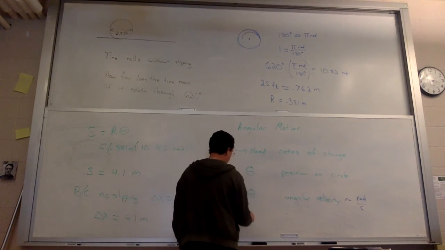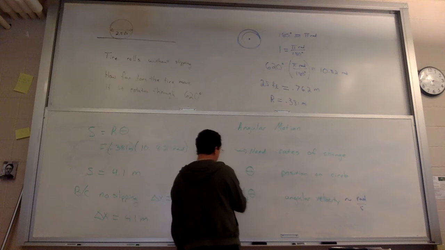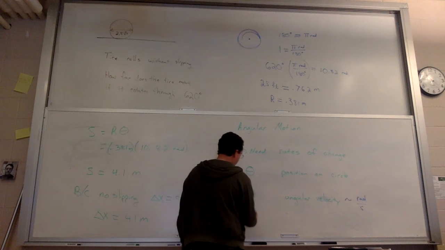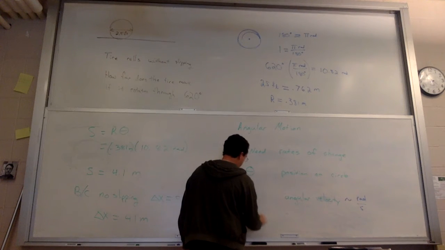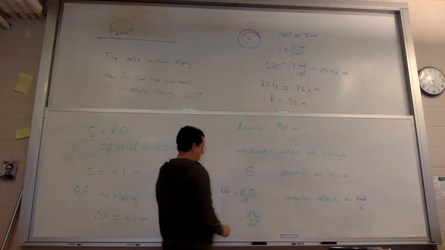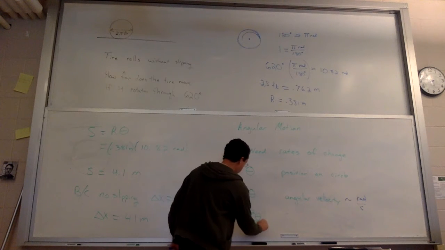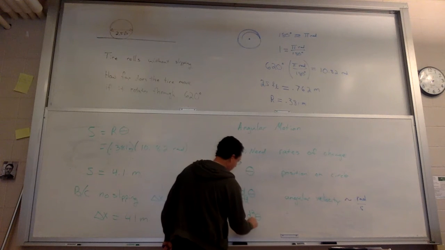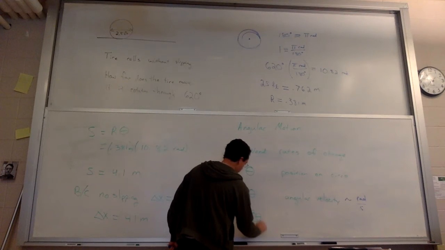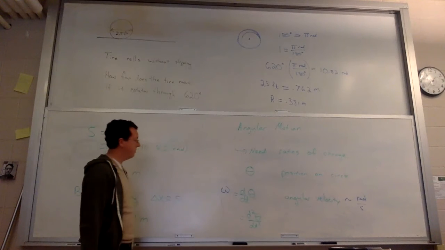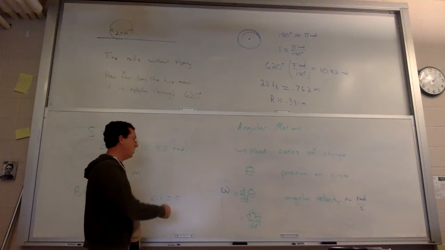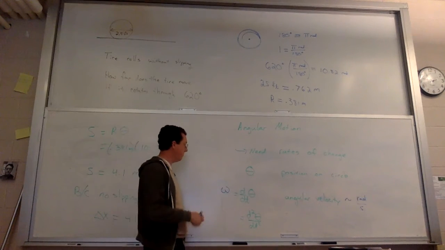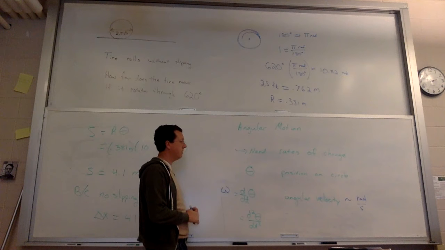So you could talk about the rate of change of omega, or the second time derivative of theta, which would be the first derivative of omega, angular velocity.